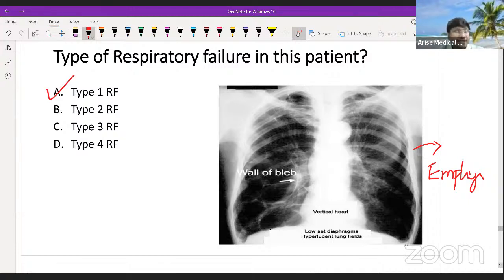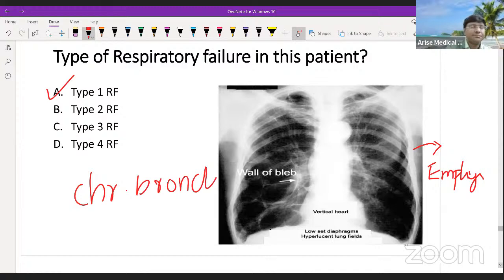Whereas the other subtype of COPD, because emphysema comes under COPD, is chronic bronchitis. In chronic bronchitis, you will have type 2 respiratory failure.